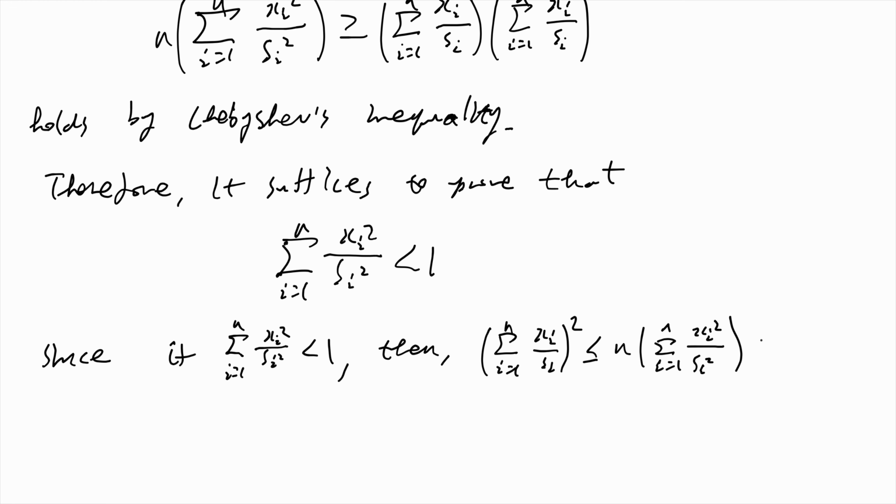And because this is less than 1, this should be less than n. Just multiply n on both sides.